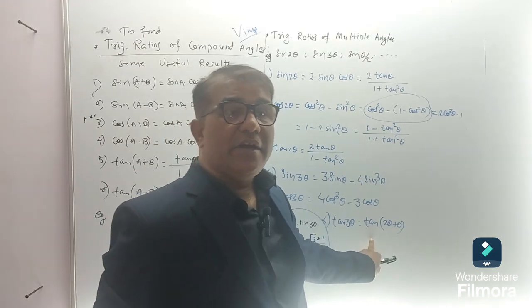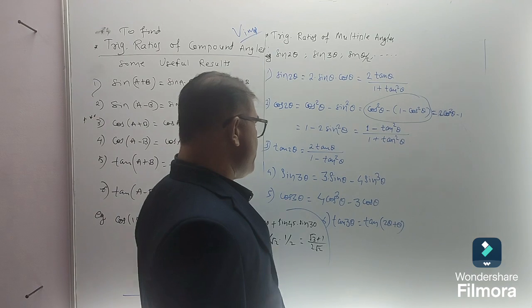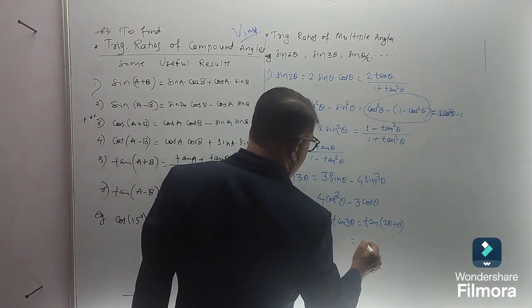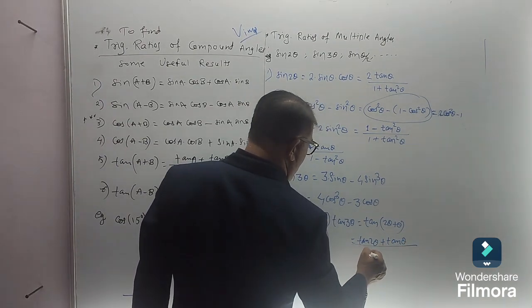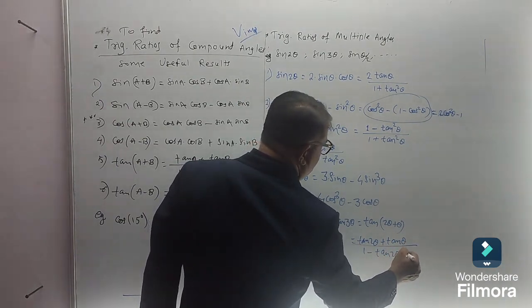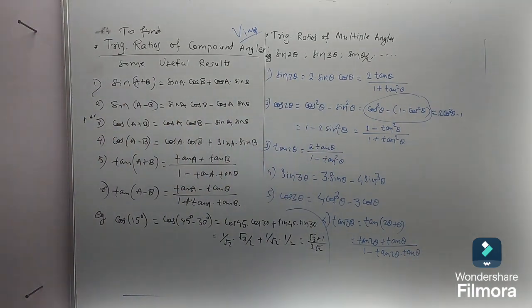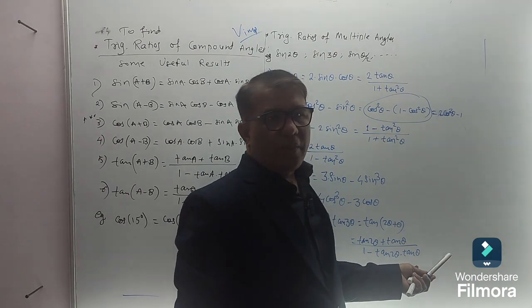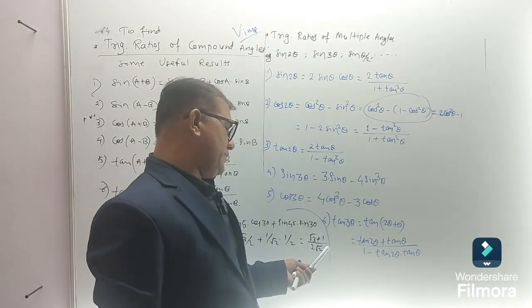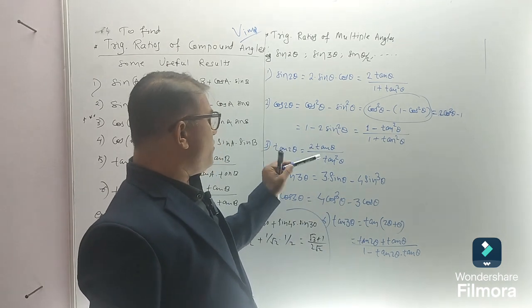Tan of 2 theta plus theta means tan of A plus B. Tan A plus B is tan A plus tan B upon 1 minus tan A into tan B. Okay? Then tan 2 theta is 2 tan theta upon 1 minus tan square theta.